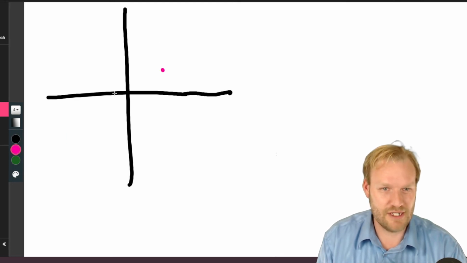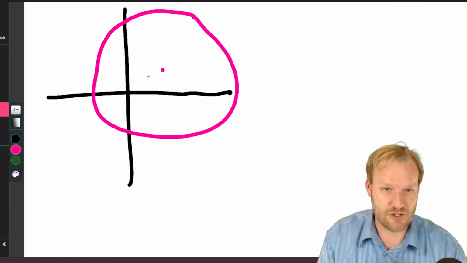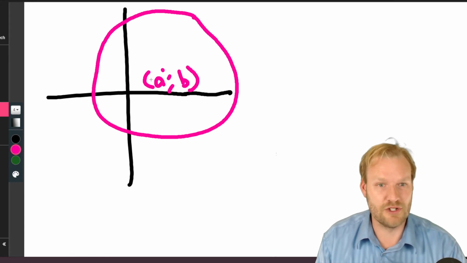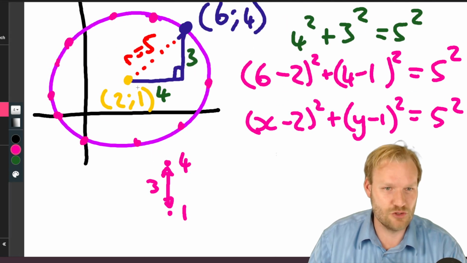Let's take a circle, center it anywhere over here. Doesn't matter where on the Cartesian plane. I happen to have put this one in the first quadrant. It's got a center with coordinates a, b. In the example previously, we had 2, 1.